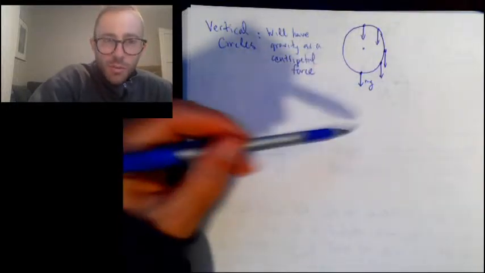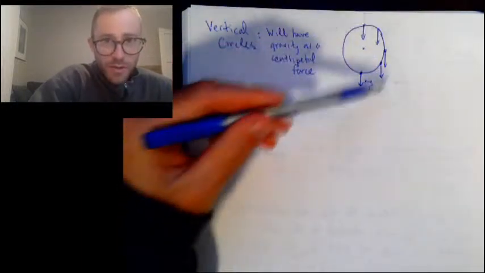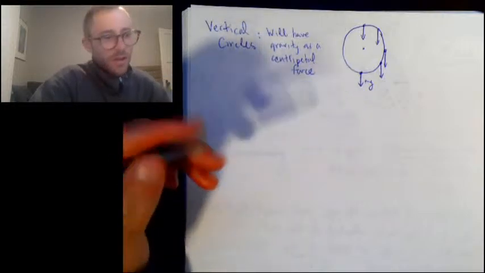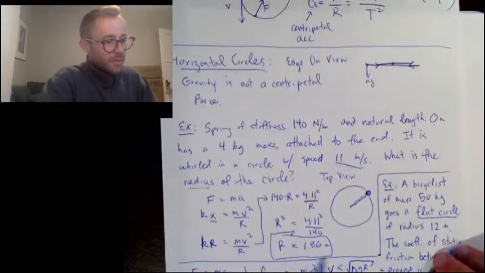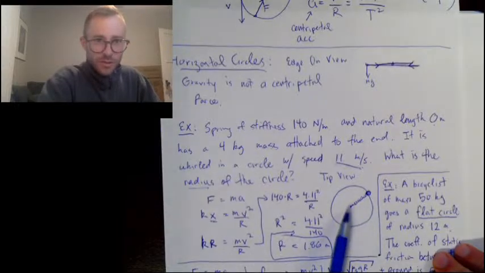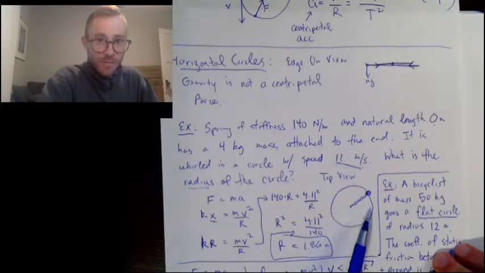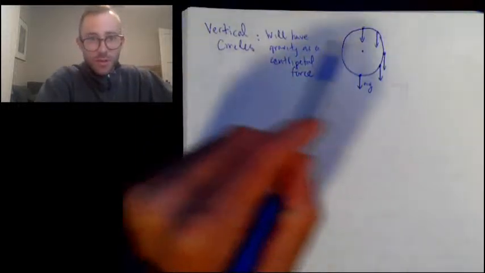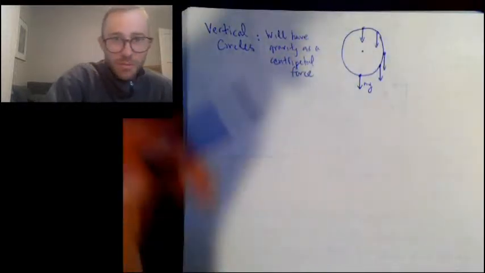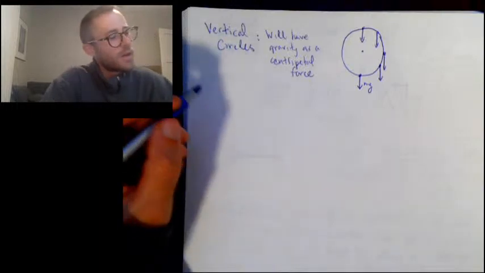No matter where you are in the circle, gravity always points downward. So in these horizontal circle problems, the force was always pointed towards the center of the circle. In a vertical circle, gravity is changing directions relative to the circle, so that makes it more complicated.